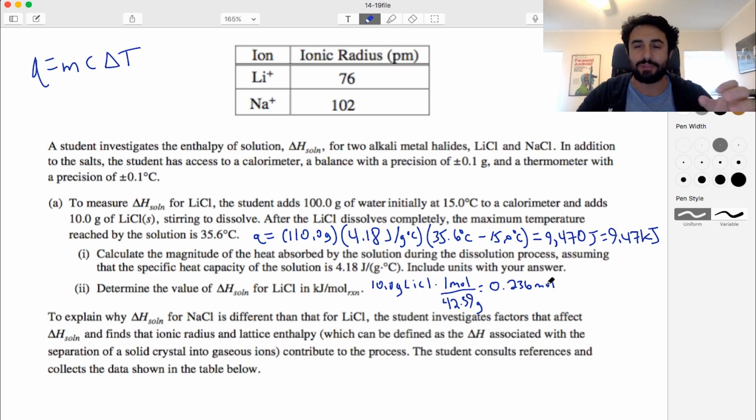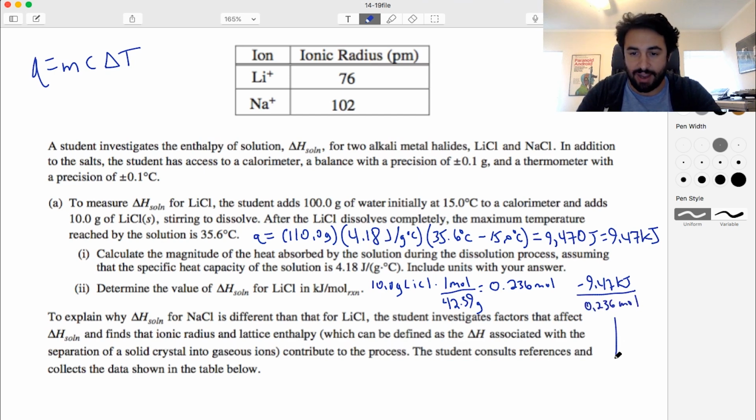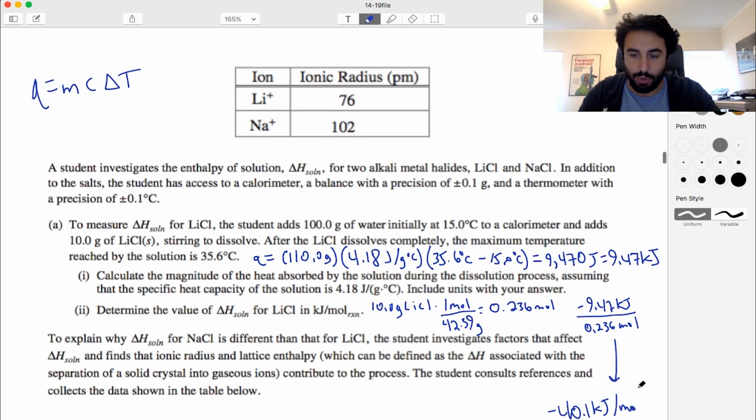We do need to flip the sign. This is going to be negative 9.47 kilojoules over 0.236 moles, and that is going to give us negative 40.1 kilojoules per mole.